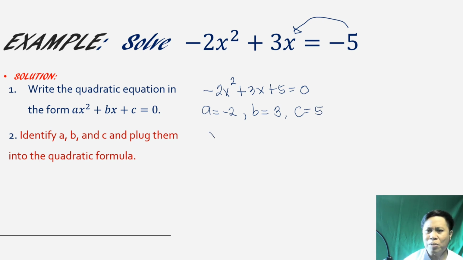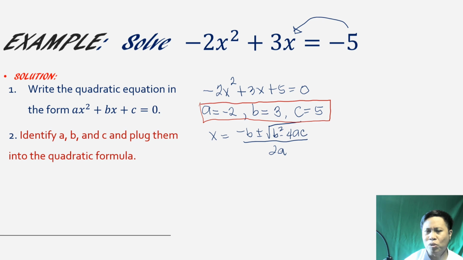So our quadratic formula is x equals negative b plus or minus the square root of b squared minus 4ac, all over 2a. We will substitute now the values of a, b, and c.